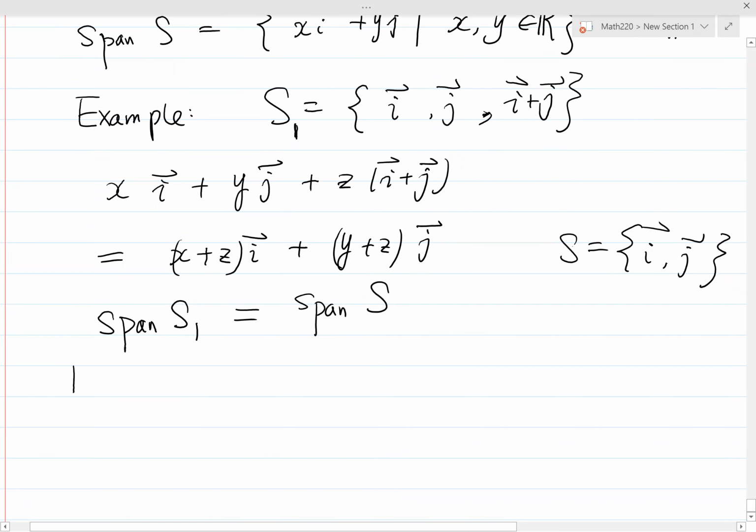A redundant vector does not produce something new, so we delete all unnecessary or redundant vectors.